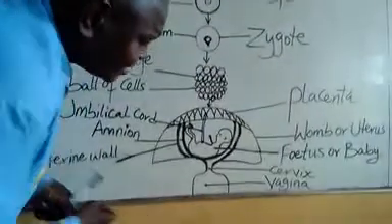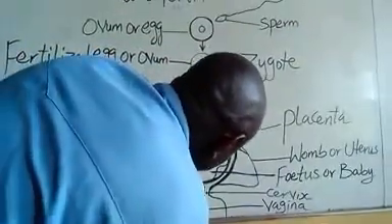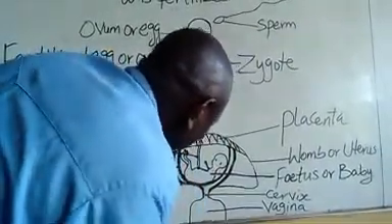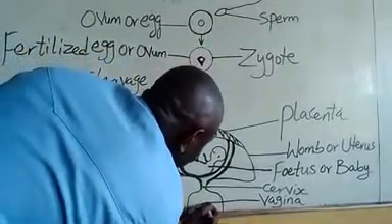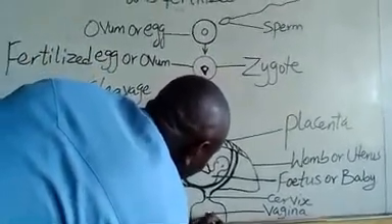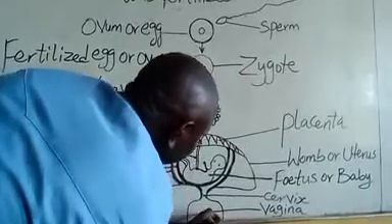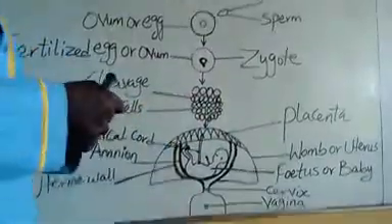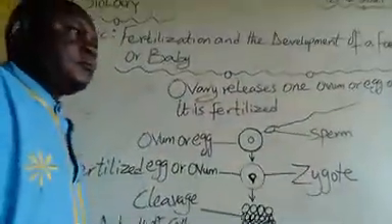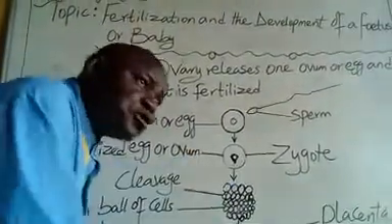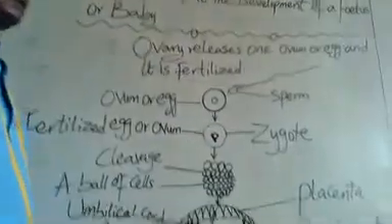Vagina serves as birth canal. That is to say, the baby, the fetus, passes through the vagina to the exterior, to the outer part.